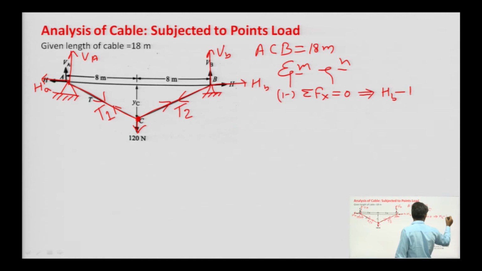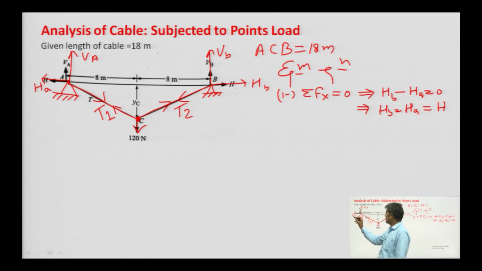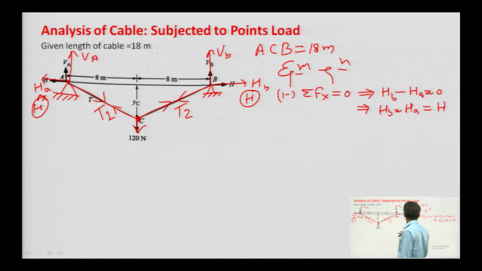So, HB minus HA is equal to 0. It gives you HB is equal to HA. Say this is the value of H, so you can write here simply H, because there is no other horizontal force acting in this structure. That is why both horizontal reactions are equal.